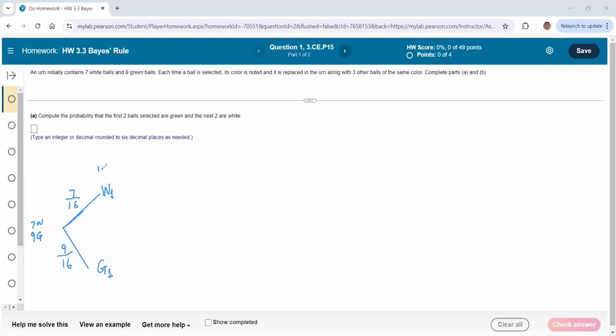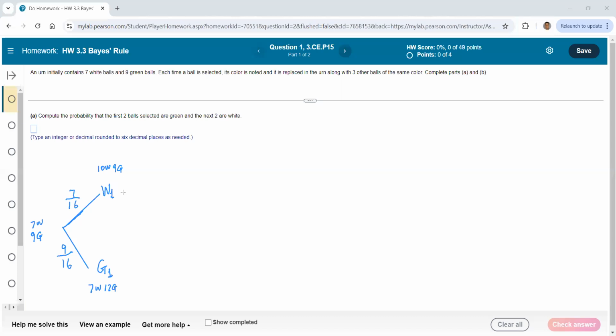So you have 10 white balls and 9 green balls. Okay. And here, if the first ball is green, then we would have 12 greens because you have 3 more. Put the first one back, right? So yeah, 12 greens and 7 white. So total you have 19 balls.